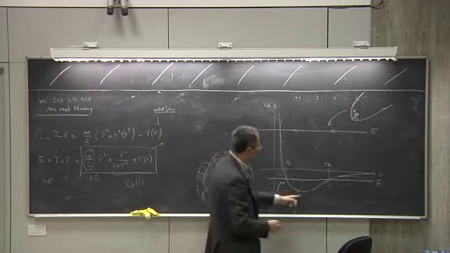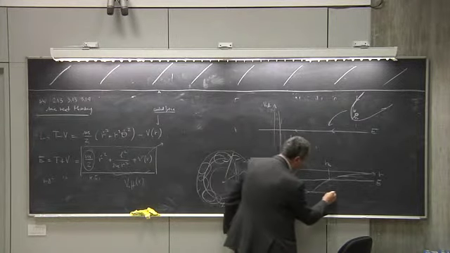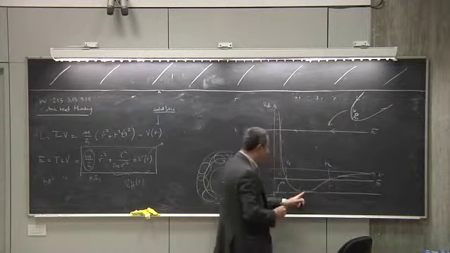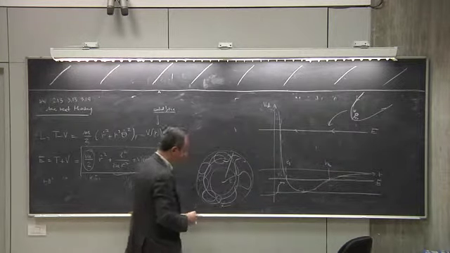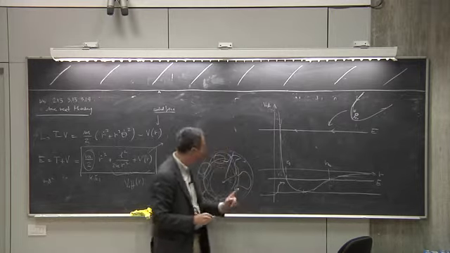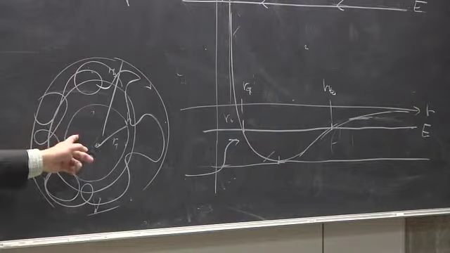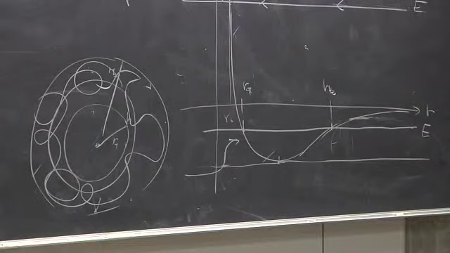But here there is a minimum, and if I take an energy that is exactly the value of the potential at the minimum, what happens to the velocity that I erased that was here? If the two are exactly equal, then the radial velocity is 0.